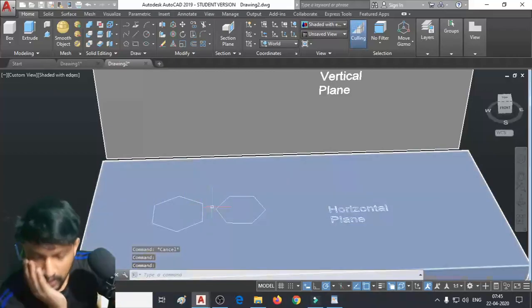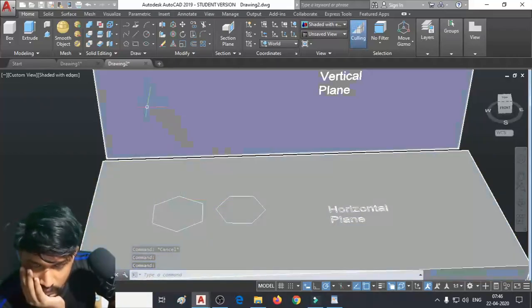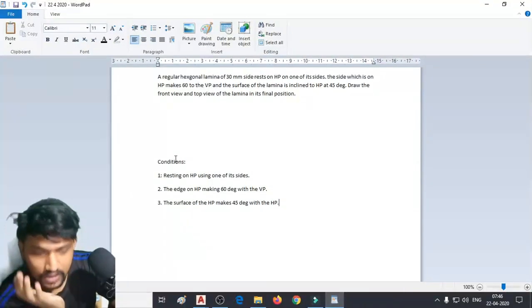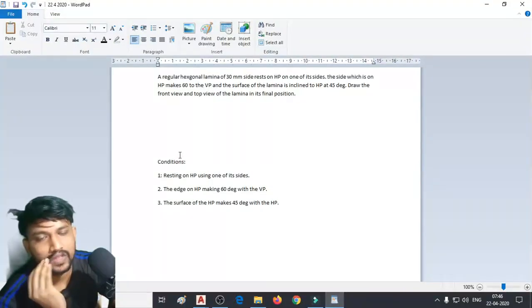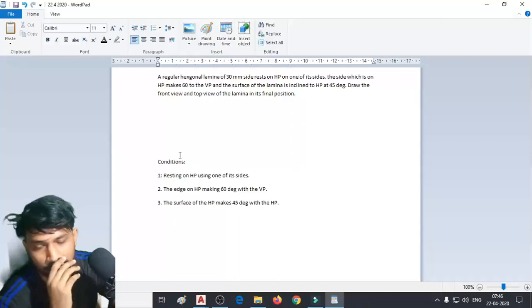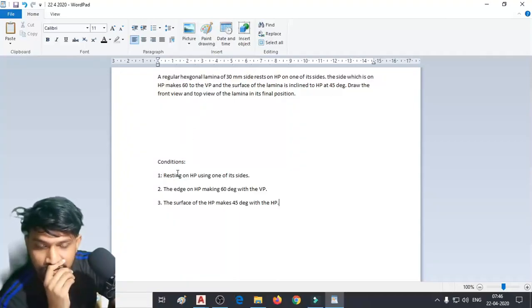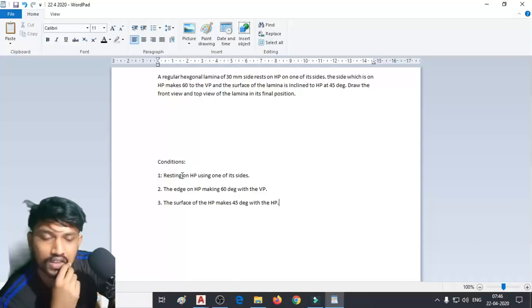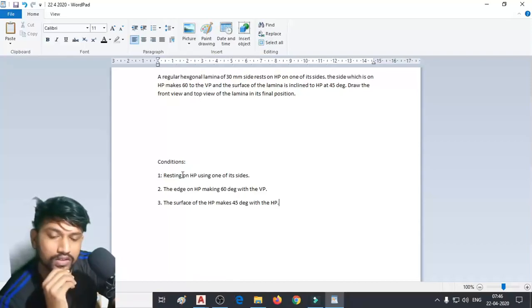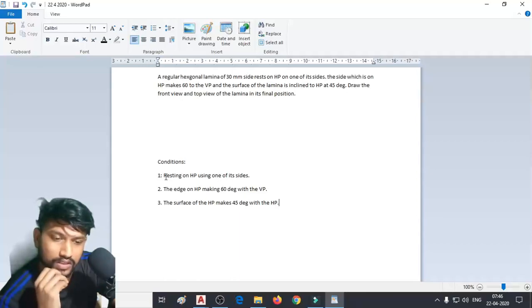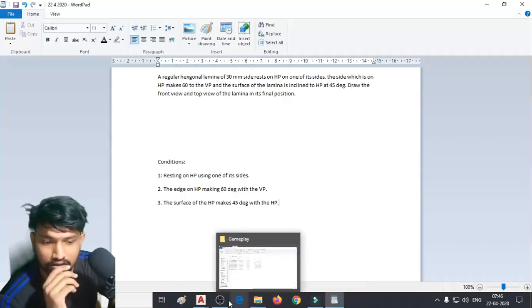See here, we were told the given conditions, the conditions that we need to satisfy to draw this hexagon. The first condition is this particular hexagon has to rest on the horizontal plane in such a way that one of the sides should be on the horizontal plane.